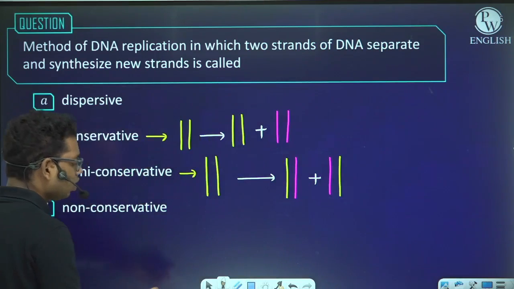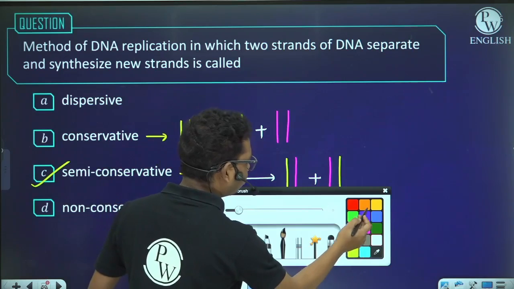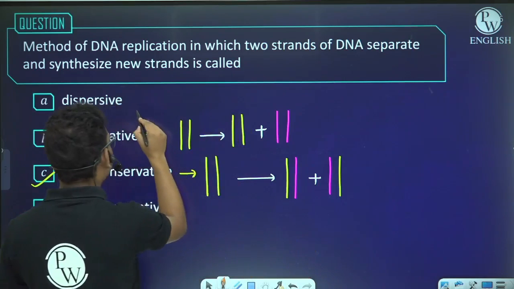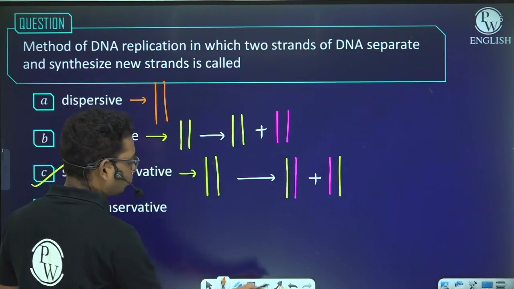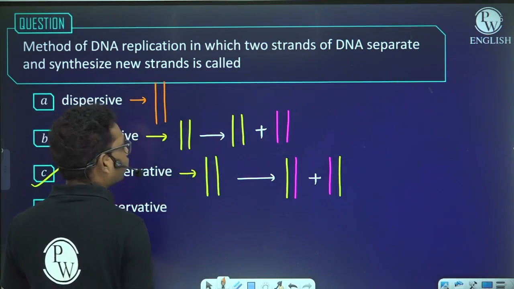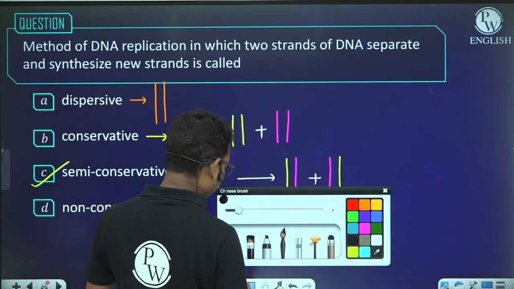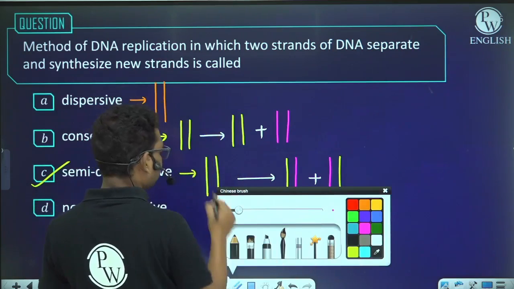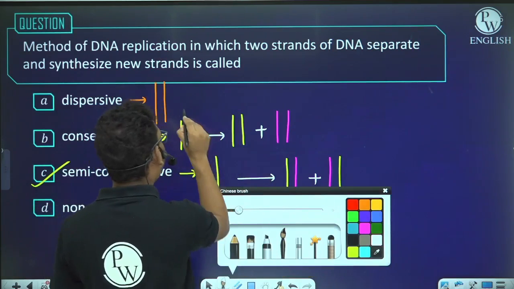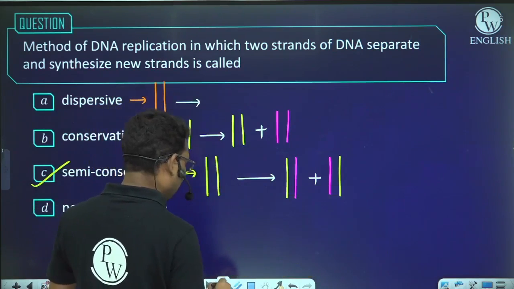What is dispersive? In case of dispersive, let me draw this one over here. So suppose this is parent DNA, okay. And now what will happen? After replication, I will have daughter DNA molecules.